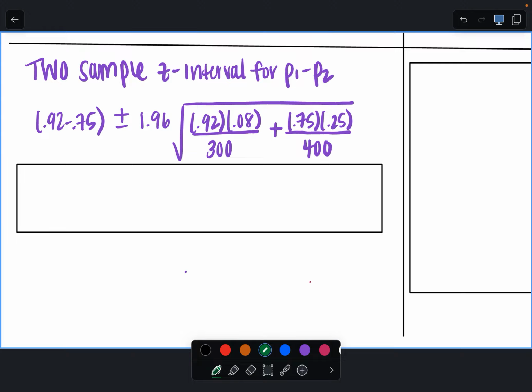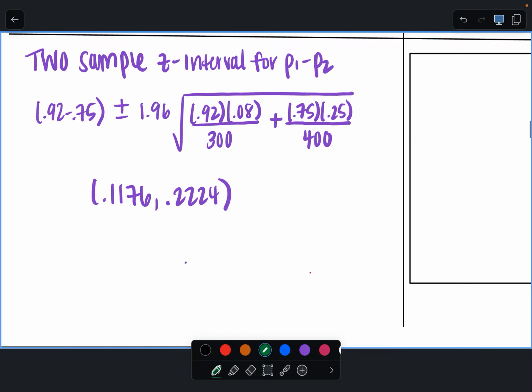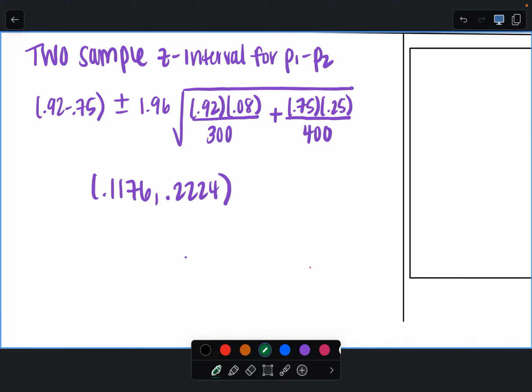Now, most likely you're going to jump to your calculator versus calculating this by hand. But if all else fails and you blank and your calculator is giving you an error, you still have the formula to fall back on. So I went ahead, plugged this into my calculator, and I got my interval of 0.1176 to 0.2224.